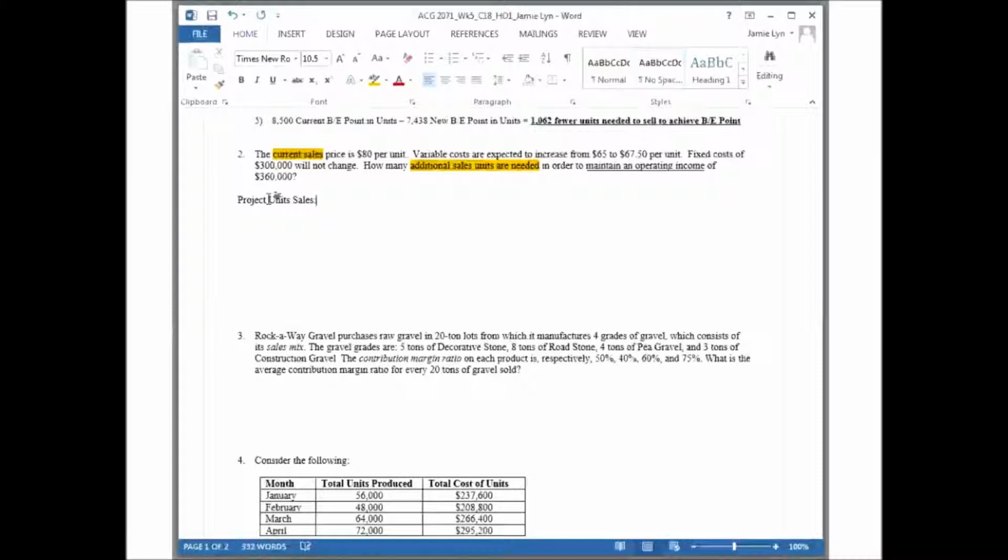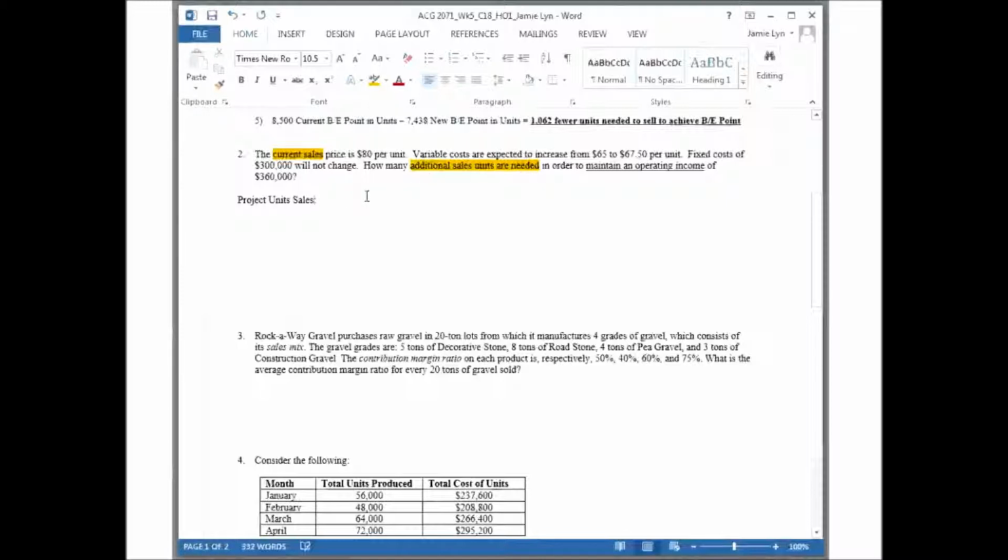And I'm going to start with the new one because it's asking for the additional sales units. So if I'm going from current and I'm increasing, I need to know how many additional, so it stands to reason that my new or projected unit sales is going to be larger than my current sales. So I'm going to take my projected unit sales and subtract my current sales, which will give me my additional sales.